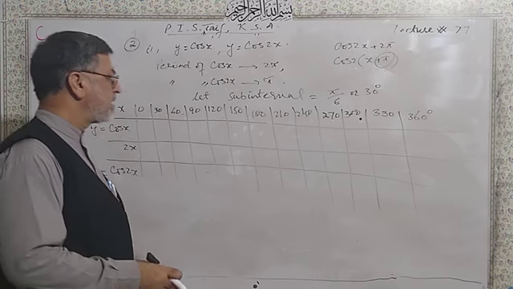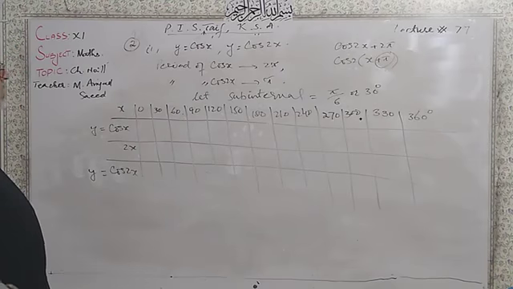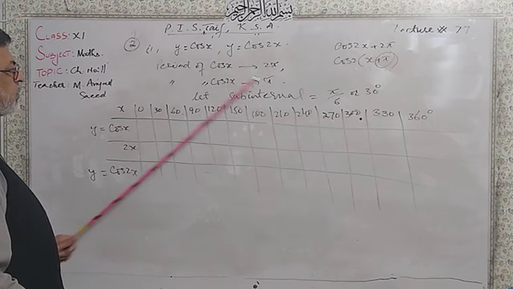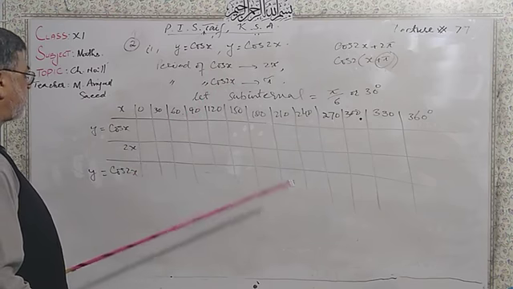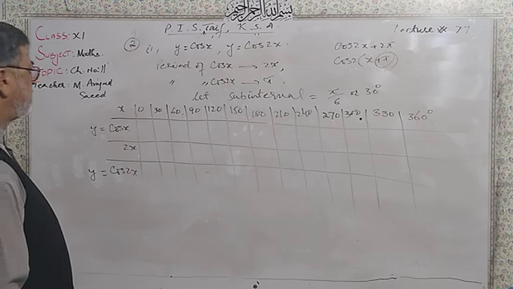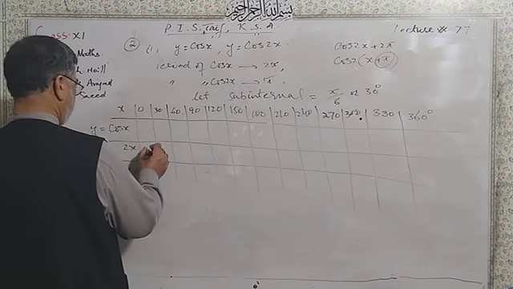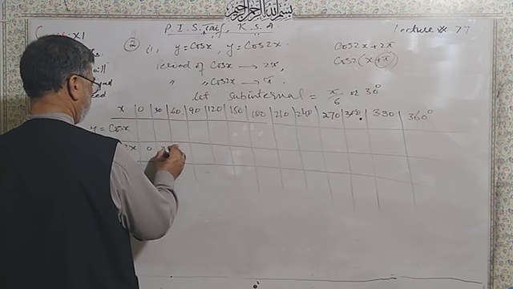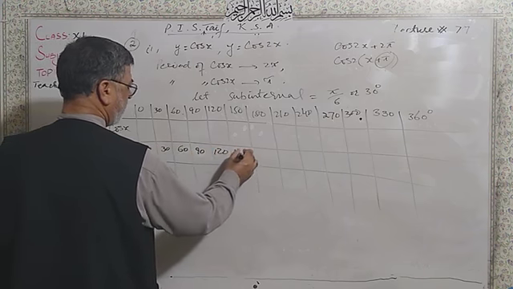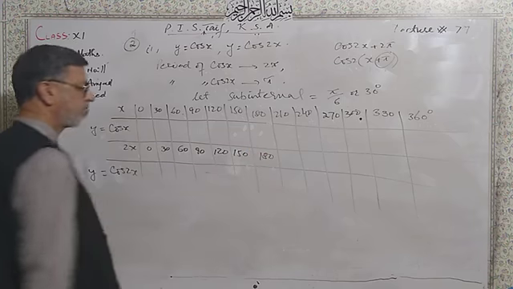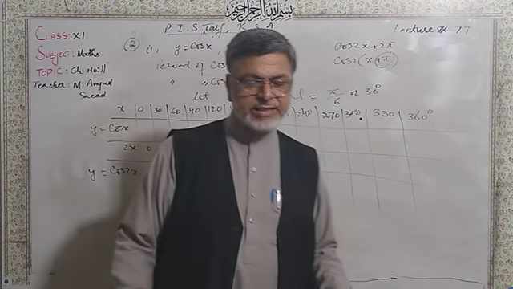So dear students, the period of cos x is 2 pi, and the period of cos 2x is pi. So you will have 0, 30, 60, 90, 120, 150 and 180.